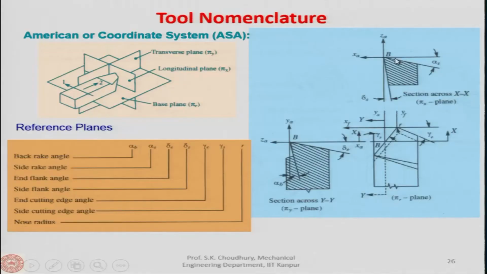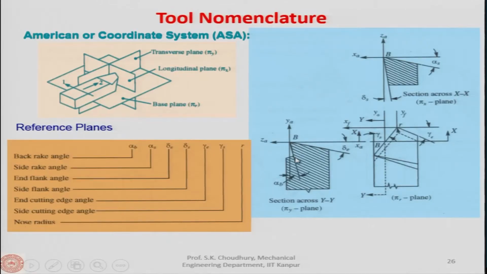Now, here this is another inclination of the rake angle, and this is given by the side rake angle. So, both the rake angles define the inclination of the rake face with respect to a line perpendicular to the cutting velocity vector. Okay.